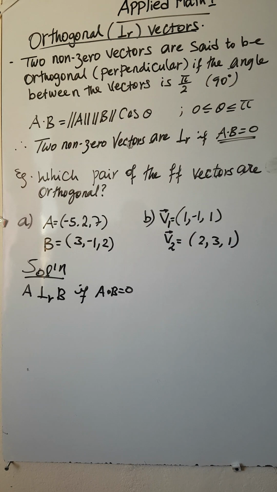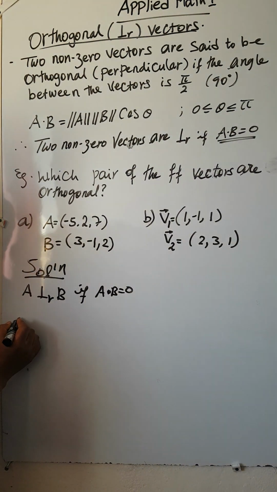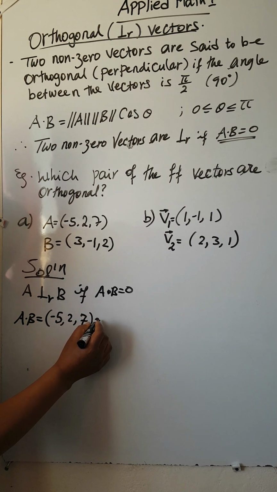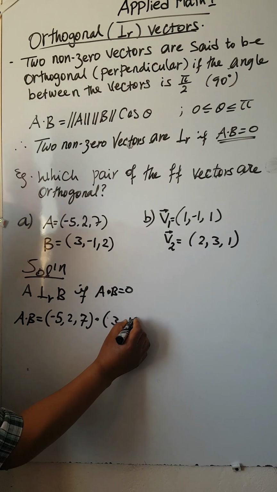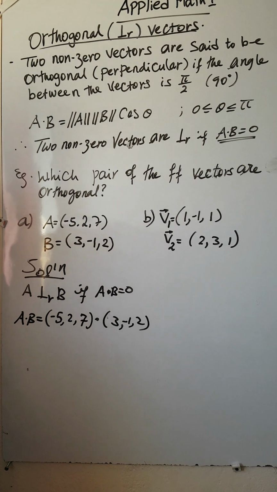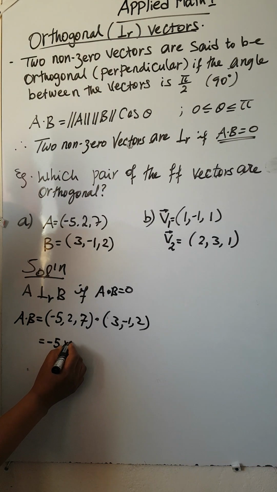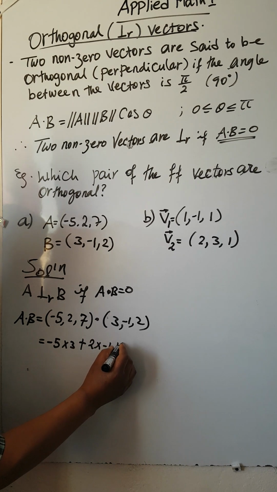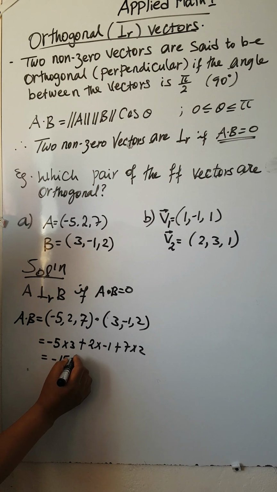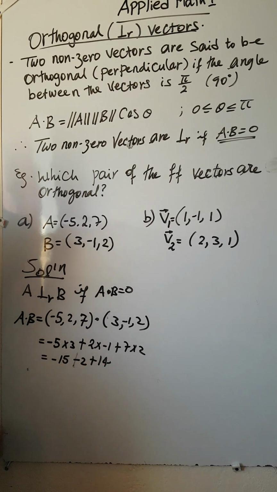The dot product to 0 ከሆነ ማለት ነው። ስለዚህ let's see the dot product of this. a dot b is equal to this vector dot this vector, sum of the product: -5 times 3 plus 2 times -1 plus 7 times 2. ስለዚህ ይሄ ምን ማለት ነው -15 ፕላስ minus 2 plus 14 ይሄ ስንደምር -17 ነው ከዚህ ጋር ስንቀንስ this is -3 so a dot b is equal to -3.